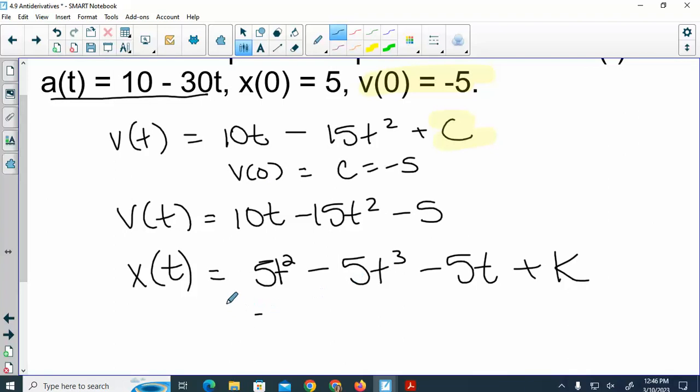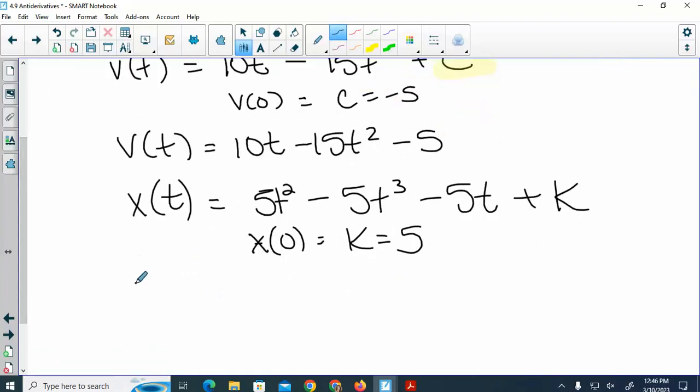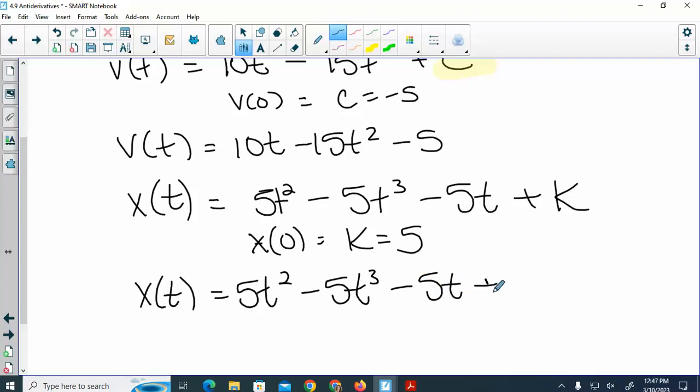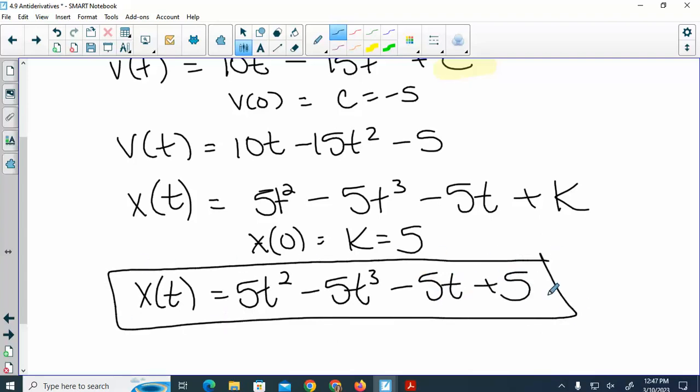K, whatever you want to call it. Alright, and we know that if I plug in a 0, we get 5. So my position function is 5t squared minus 5t cubed minus 5t plus 5. Lots of 5s there.